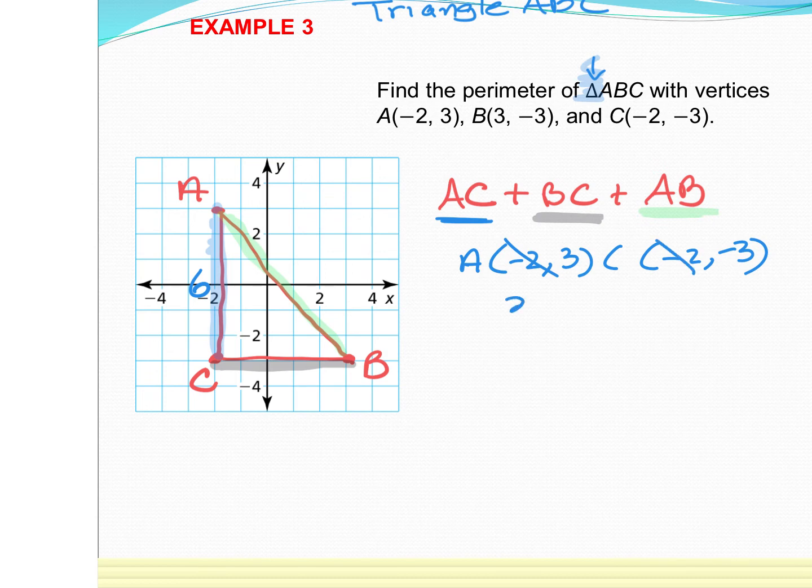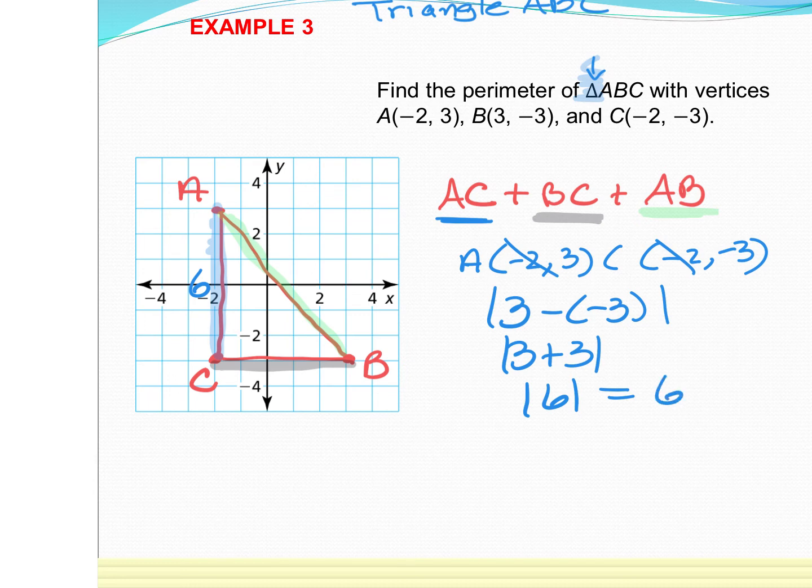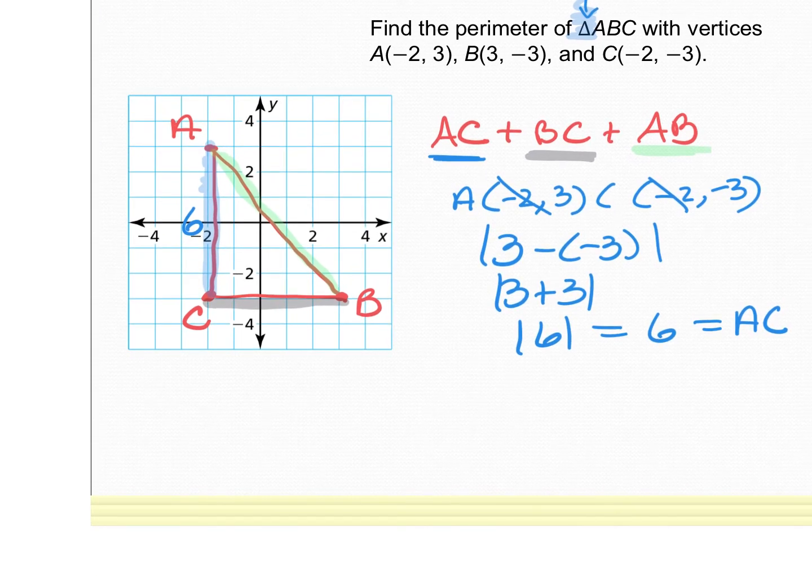And then you would just subtract 3 minus -3, absolute value it. Keep, flip, change: 6. So the length of AC is going to be 6. Then I can do the same thing for BC. I could either just count the boxes, 1, 2, 3, 4, 5. So BC has a length of 5.